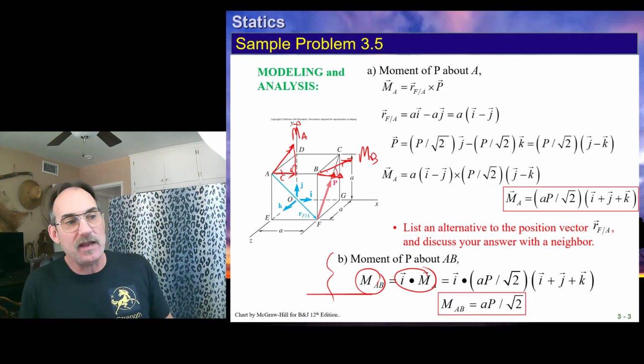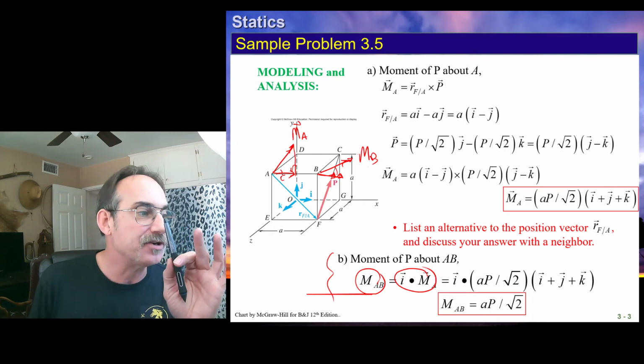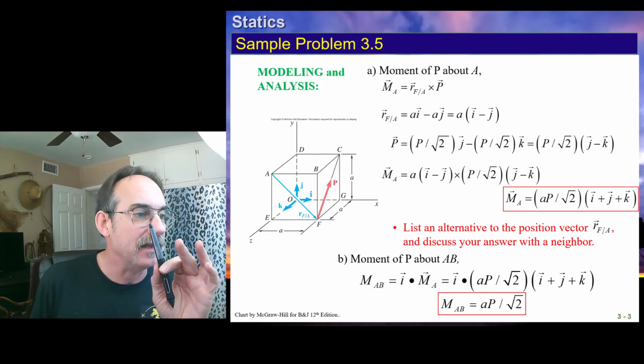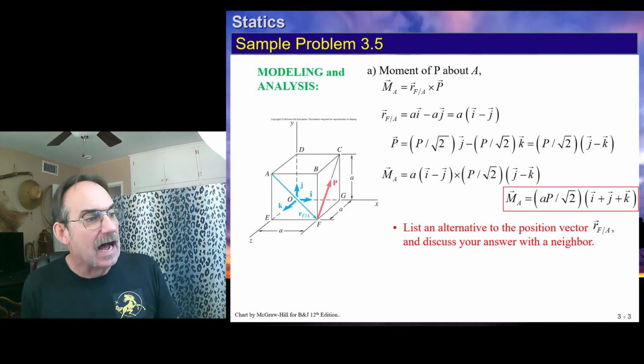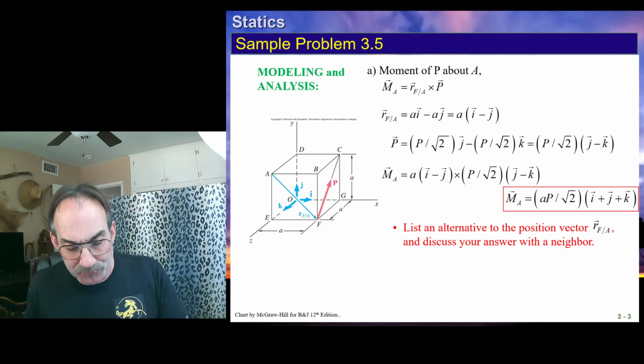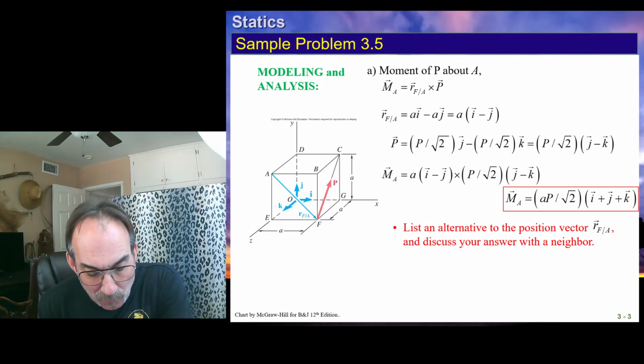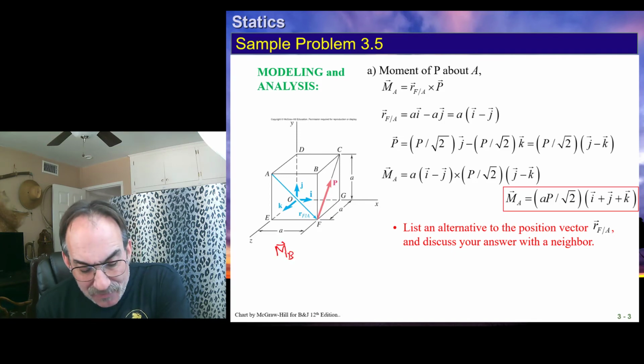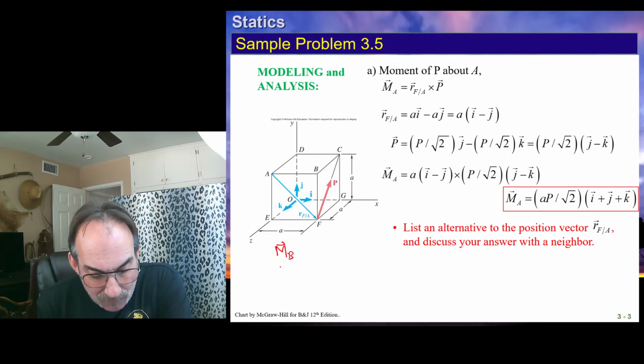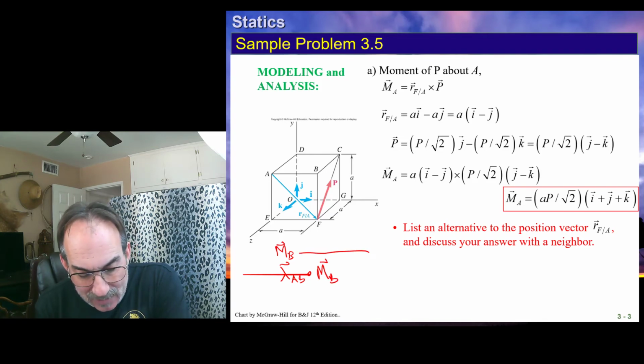So before moving on, if you really want to understand this material, here's what I recommend. Calculate the moment about B, and then take the dot product of lambda_AB with the moment about B. To get that M_B, you're going to need to get BF.